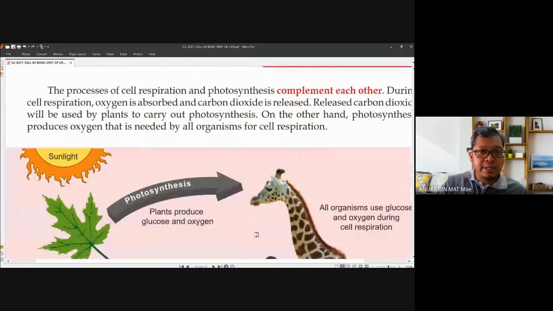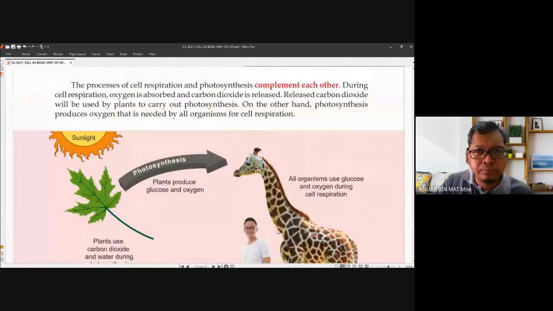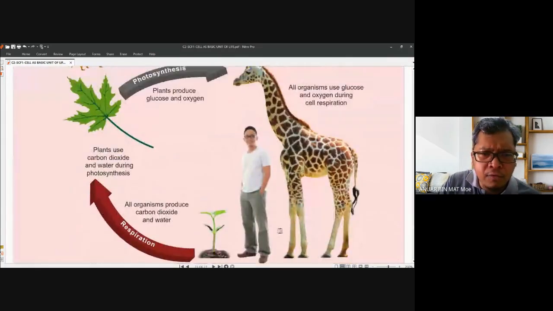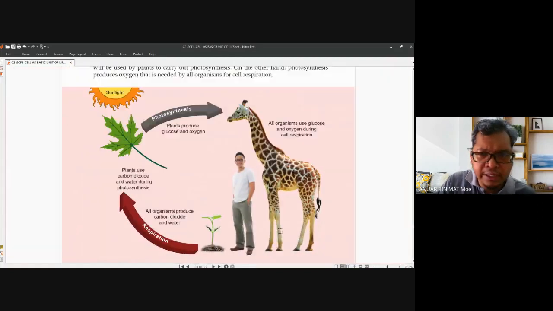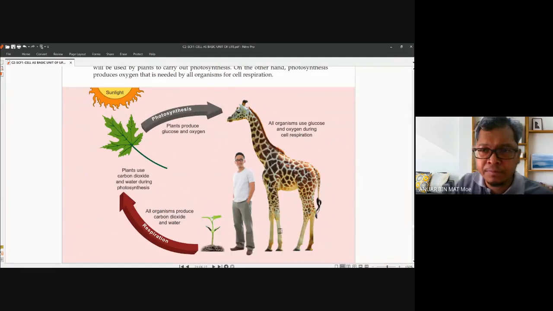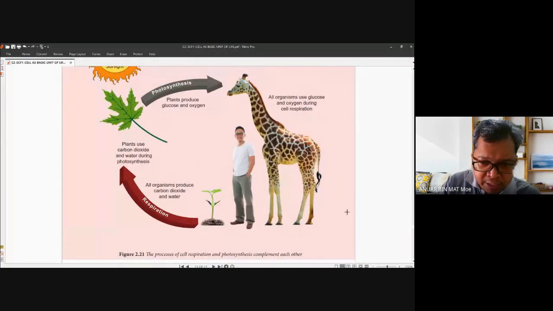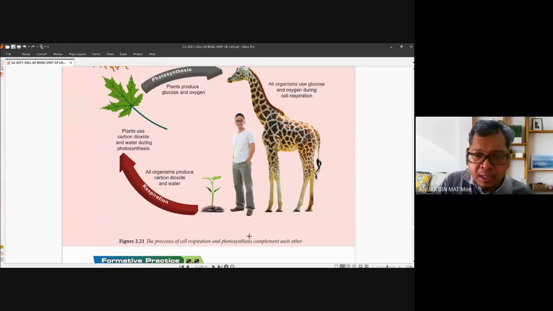Okay, next one, you just need to understand what we call the flow, or the cycle, of photosynthesis and respiration. Okay, you must understand this diagram, right? The processes of cell respiration and photosynthesis complement each other. What is complement? They need each other lah.